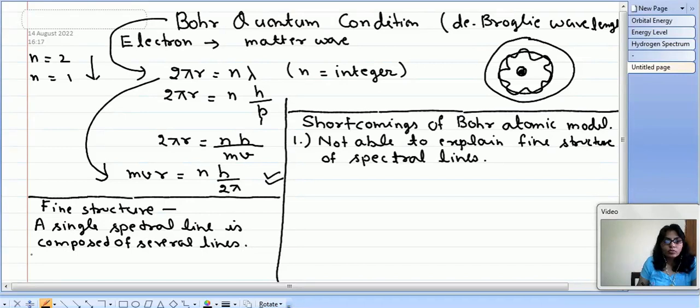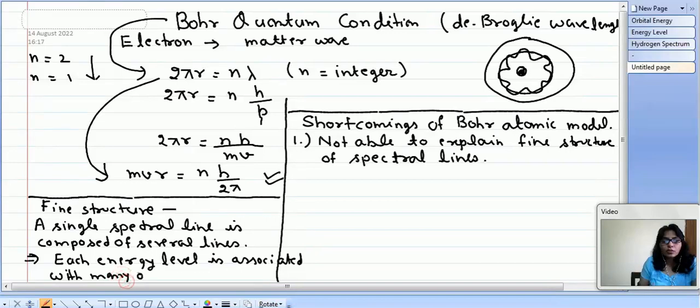So this implies that each energy level is associated with many other close energy levels.